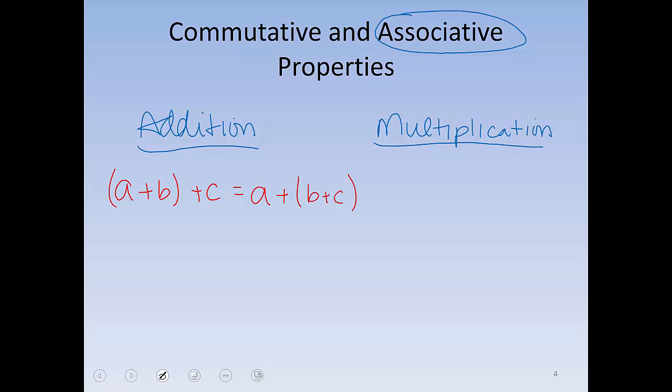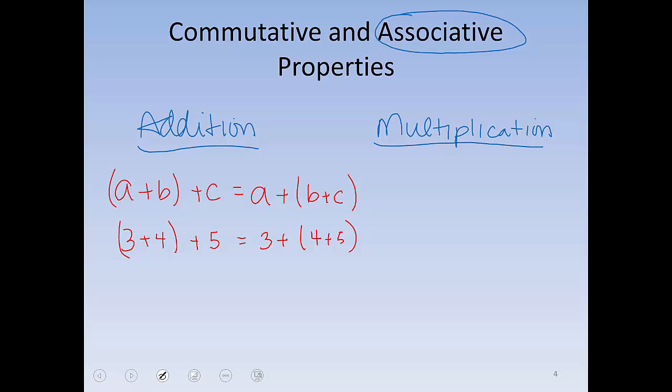Well, let's put some numbers in and take a look. If I have (3 plus 4) plus 5, do I get the same as 3 plus (4 plus 5)? Do some quick addition there. That's 7 plus 5, which is 12, or 3 plus 9, which is 12. So this is the associative property of addition.